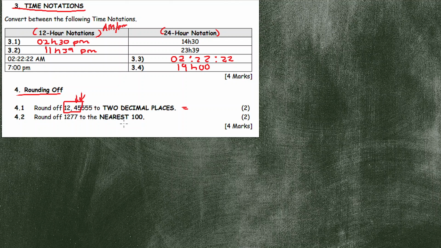So we round off, right? So it's going to be 12.4. This 5, I'm going to round off. I look at the next number after the 5. It's also 5. So 5 is bigger than 4, which means that I'm rounding up.